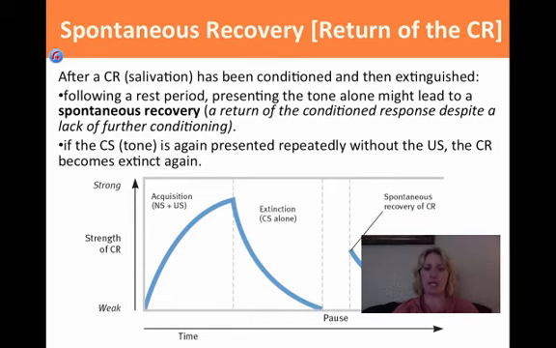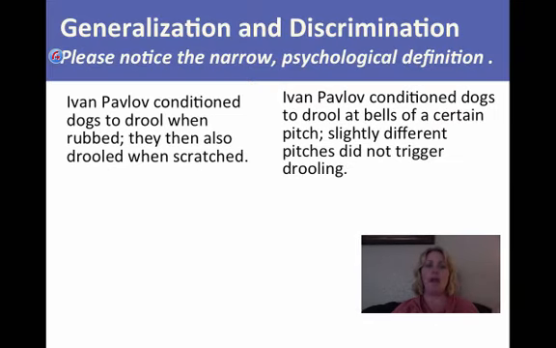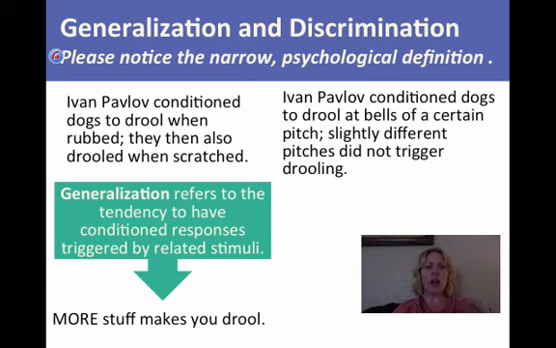Now, generalization and discrimination are two terms that we use in learning that you're going to see other places as well. But when referred to in terms of learning, please notice the narrow psychological definition. Ivan Pavlov conditioned dogs to drool when rubbed.